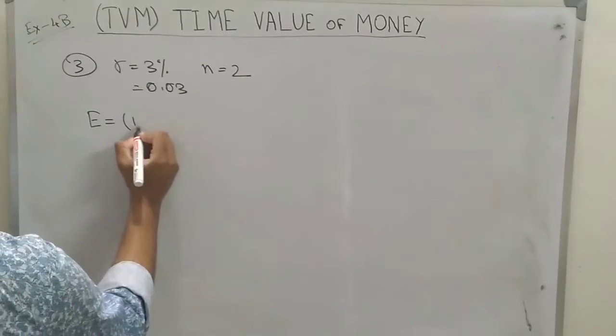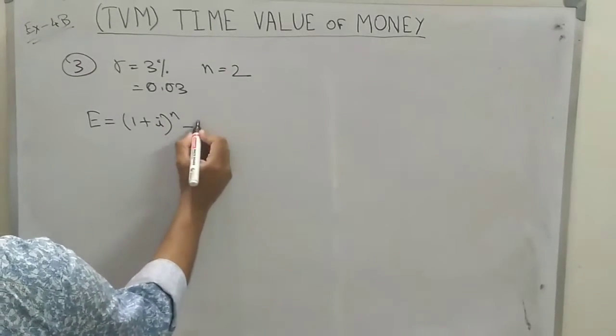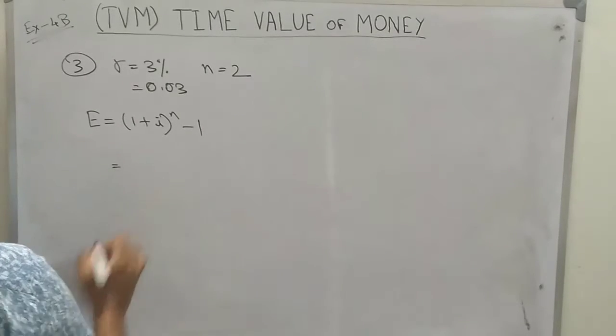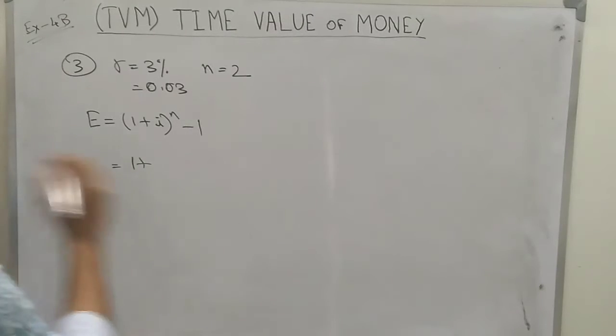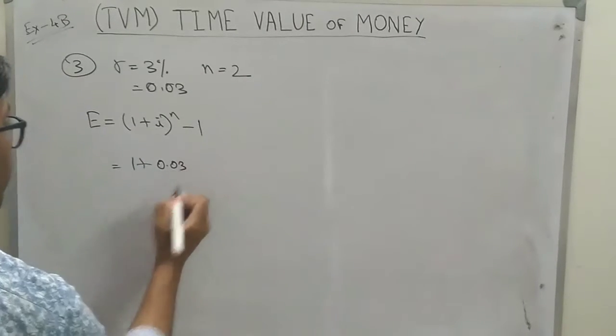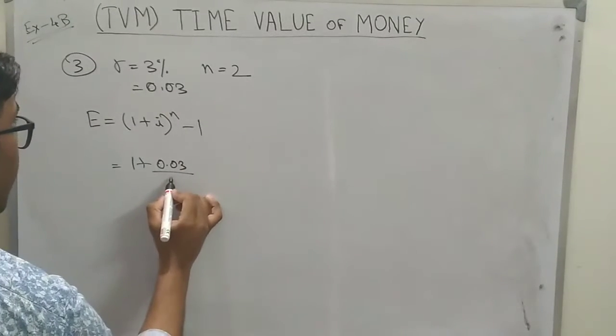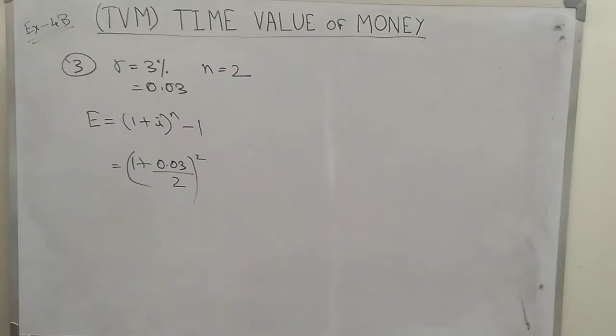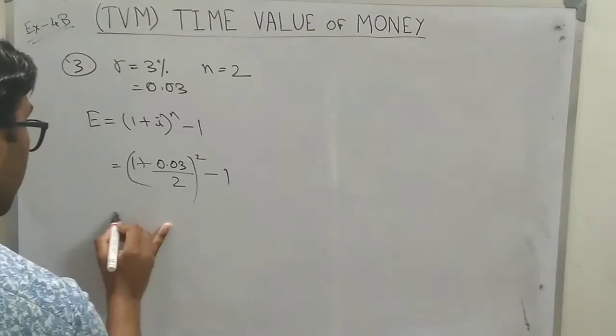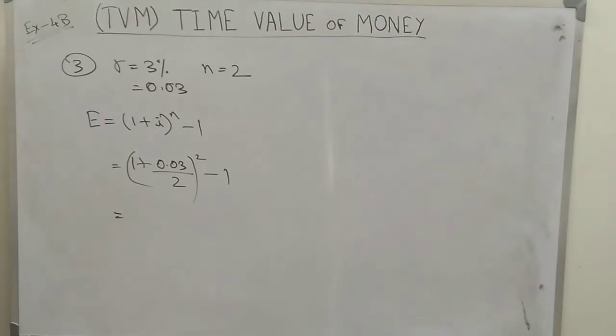Now what is the formula of effective rate of interest? It is 1 plus i to the power n whole minus 1. Then 1 plus 0.03 by 2 whole to the power 2 minus 1. Now if we calculate that, 0.03 by 2 plus 1, into 1 time equal to 1 time.